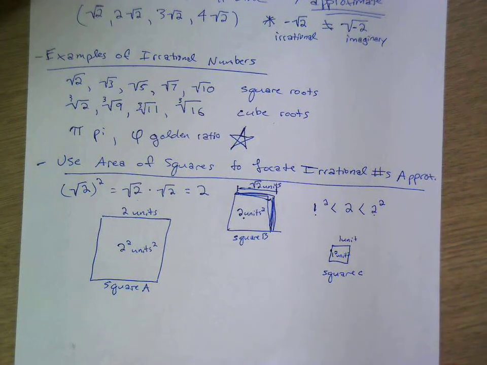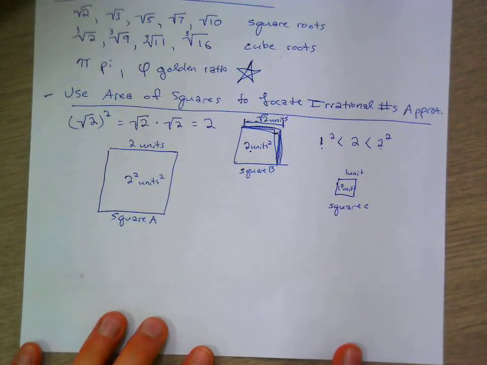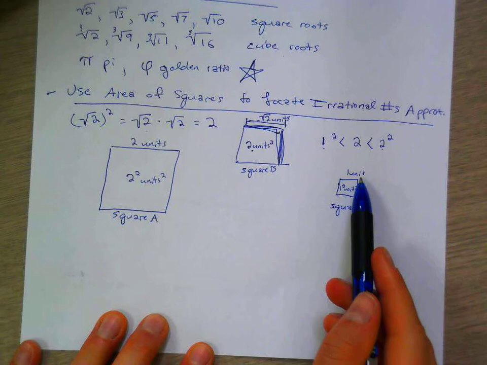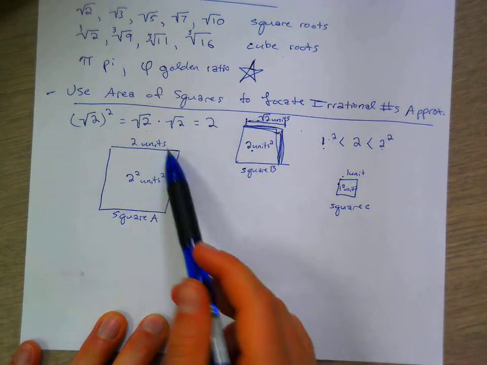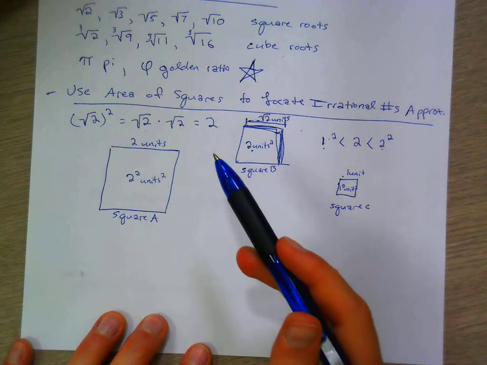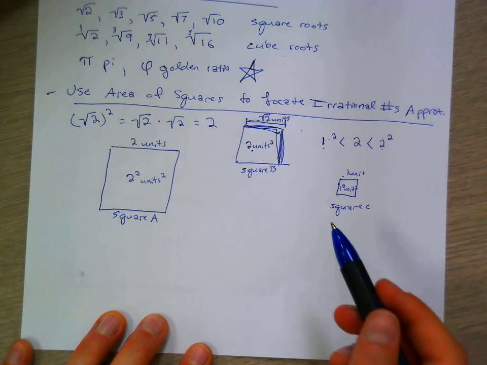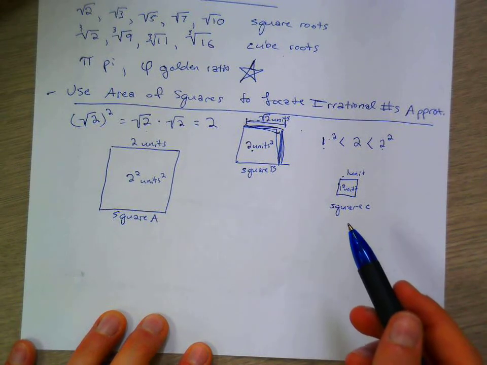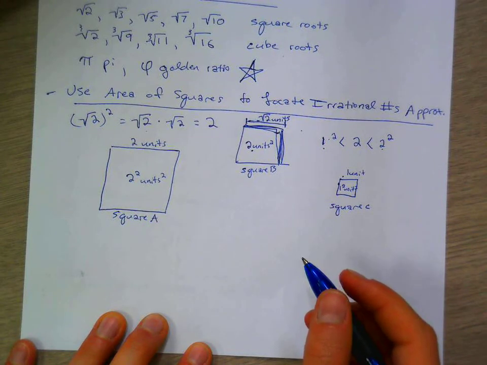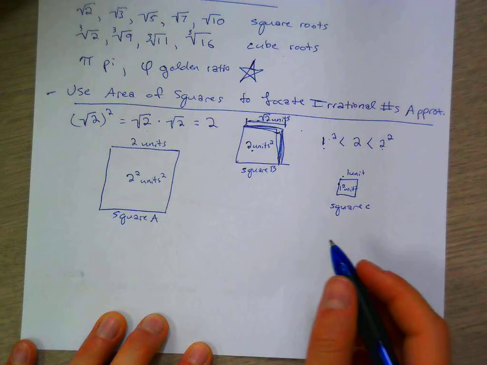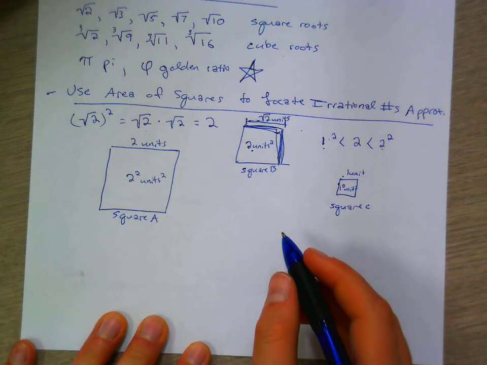Then you can see that this square's area is in between those two squares, square A and square C. Compare the side lengths. You get 1 squared is less than 2, square root of 2 is less than 2. Now, to approximate the location of square root of 2, consider another square D with the side length 1.5 units. The area of square D is 1.5 squared, which is 2.25 square units.